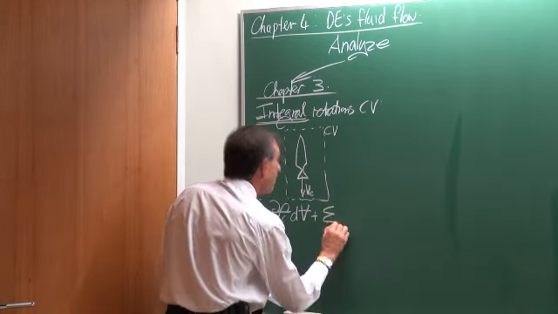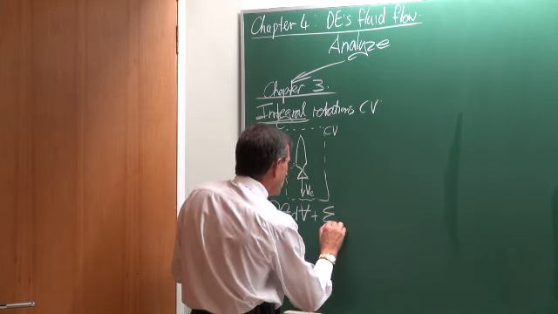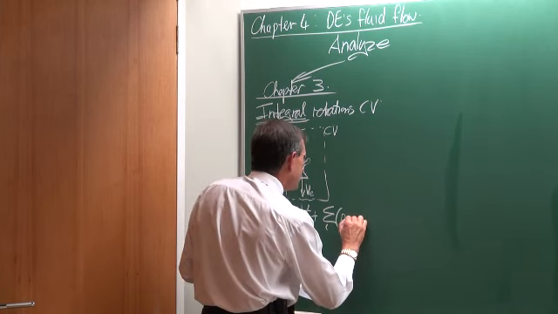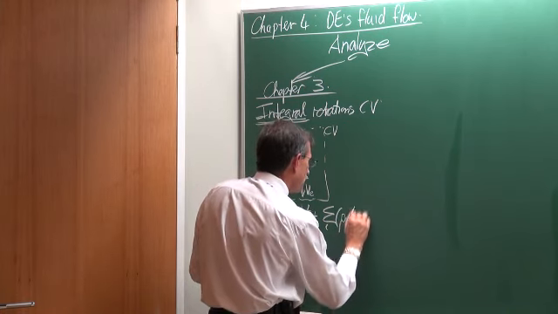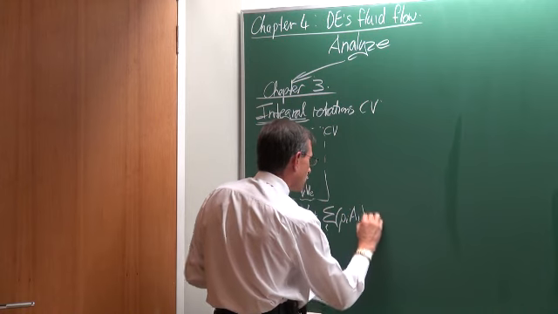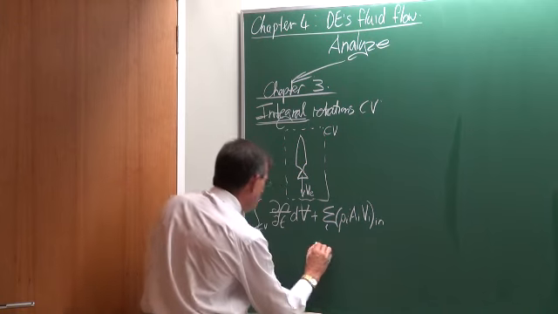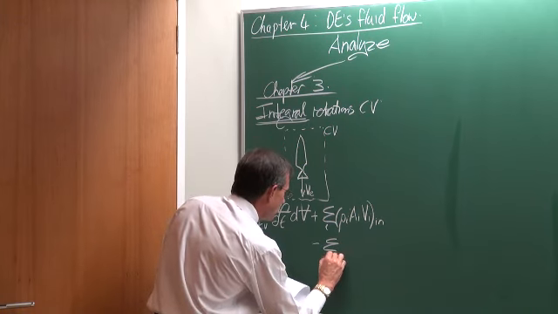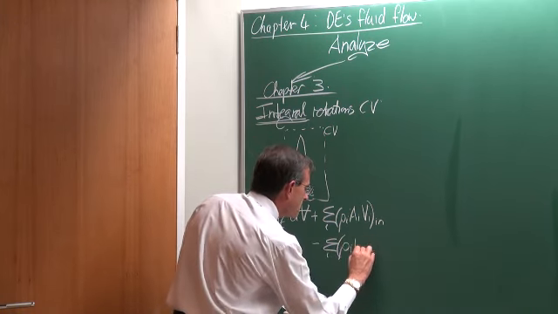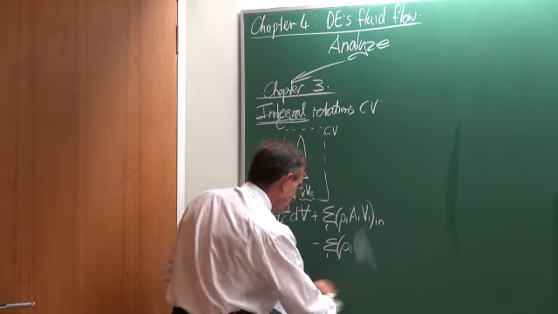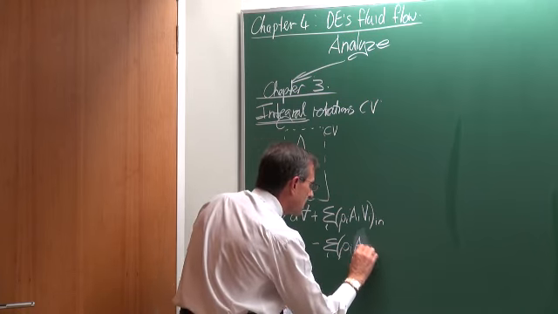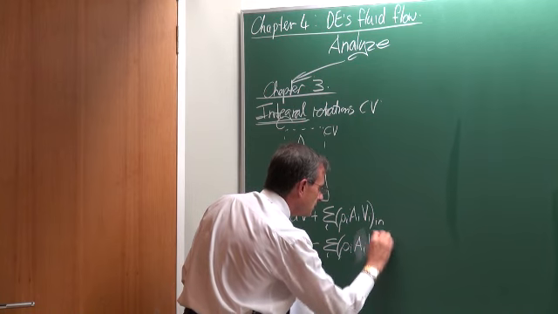Plus the sum of everything going in, ρ multiplied by the area multiplied by the velocity, minus everything going out, ρ multiplied by the area multiplied by the velocity.